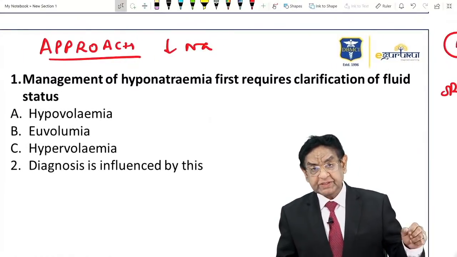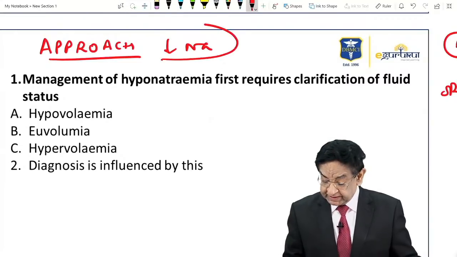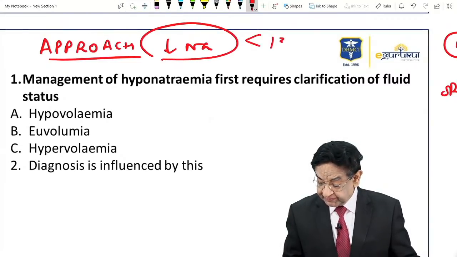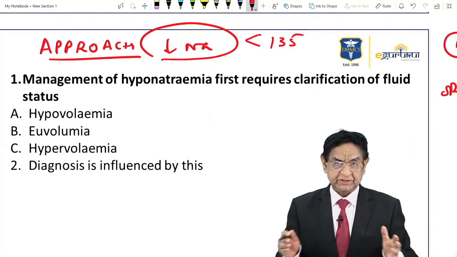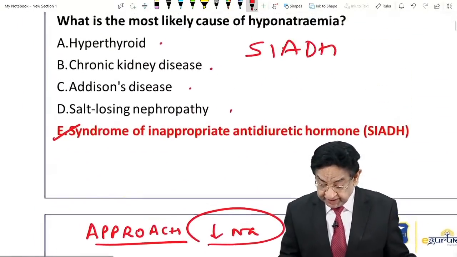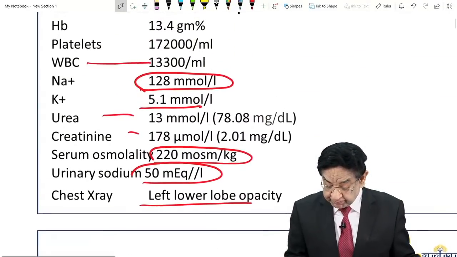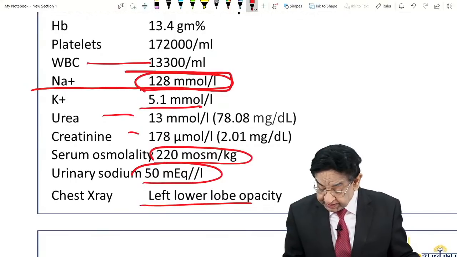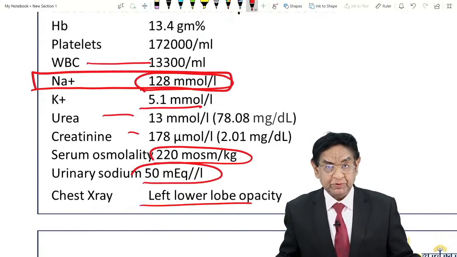So now the question is, we are getting a case of hyponatremia, that is the serum sodium is less than 135. You got a report, just like the way we got a report right now. Sodium is 128, which is definitely less than 135. How to approach this case?